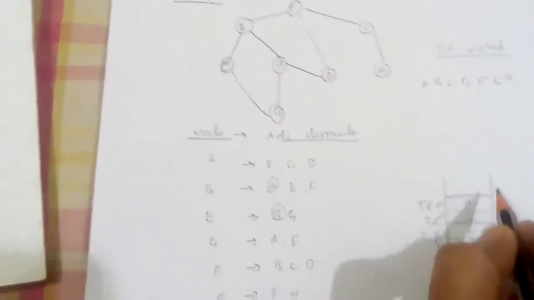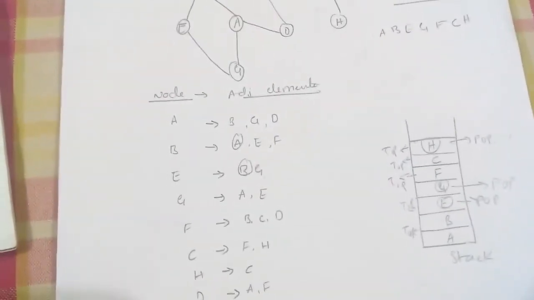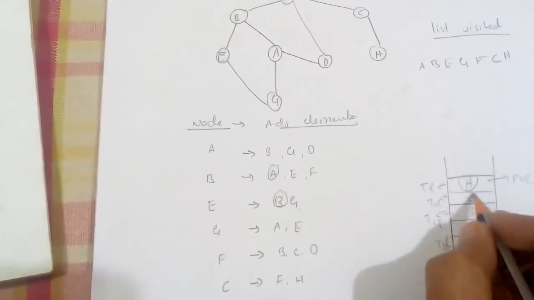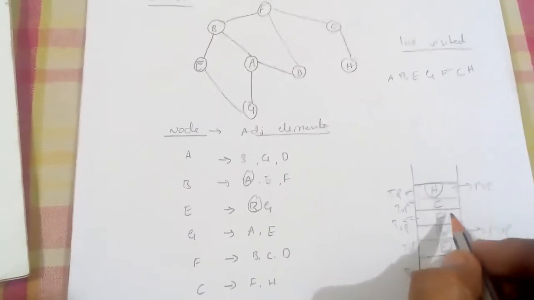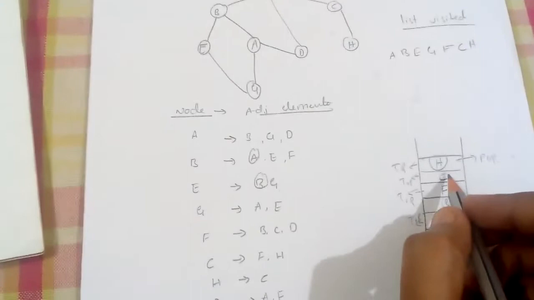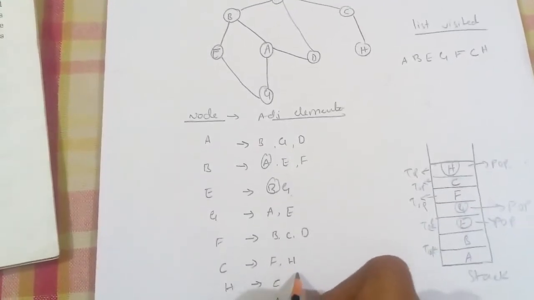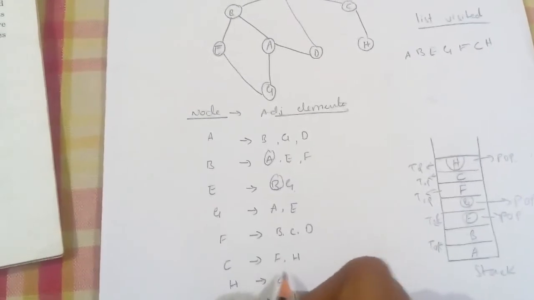So we pop H from the stack, and the top of the stack now becomes C. The adjacency elements of C are F and H, so all nodes are visited.